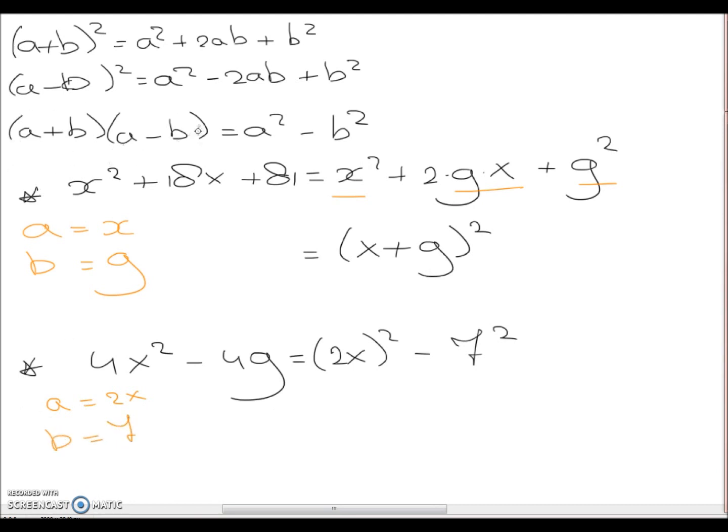And we look at the third remarkable product. I have a square minus a square: (2x) squared minus 7 squared. So this should be the same as (2x plus 7) times (2x minus 7). And your factorization is done.